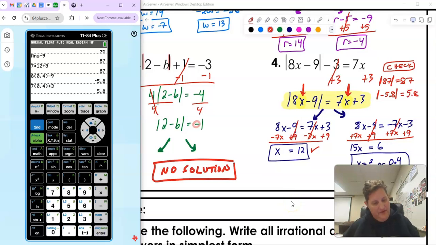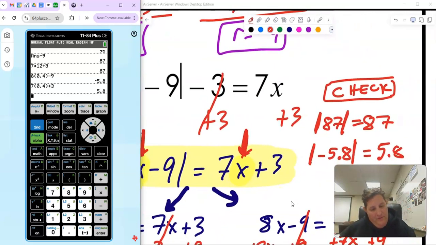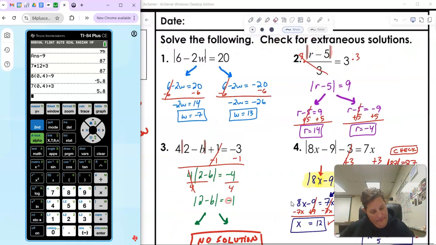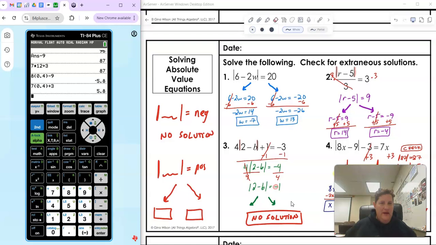Does the absolute value of negative 5.8 equal 5.8? Yes, it does. So actually both work. Okay? The problem that you'll get for it to not work would be if, for example, you got the absolute value of 10 equals negative 10. If you plug in and get something like that, it won't work. Okay? Okay, great. That's the absolute value section.